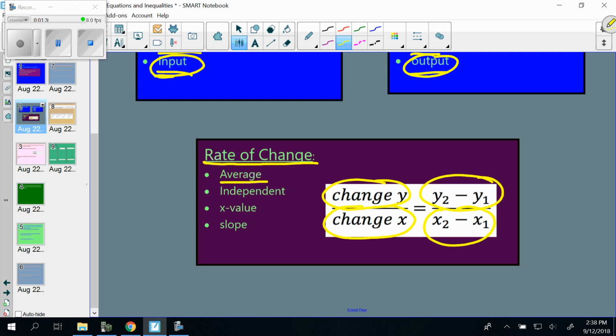Okay, and a lot of you should recognize this. That's your slope formula, because slope is the same as average rate of change. So anytime you hear the term average rate of change, that's the same as slope.